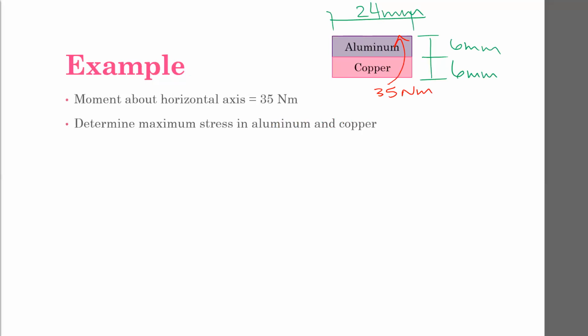So the first thing we do, remember, is we need to switch the geometry. We need to change one material to the other. It's really quite arbitrary which way we go, but the way I've solved it is by switching copper to aluminum.